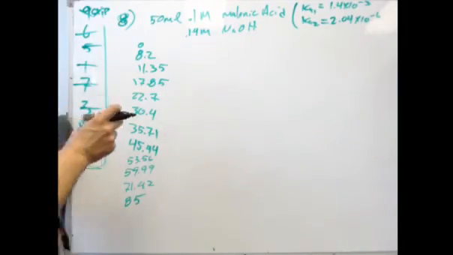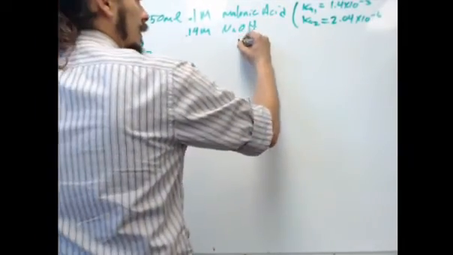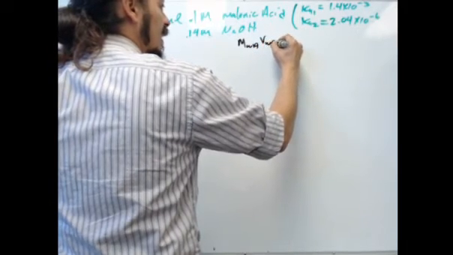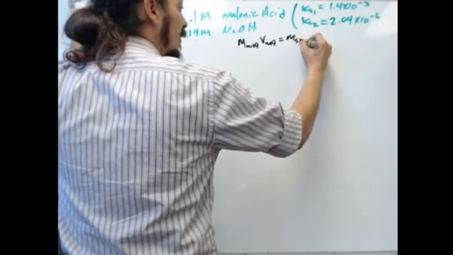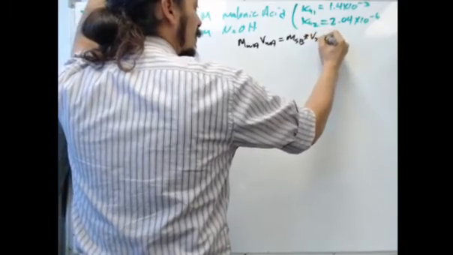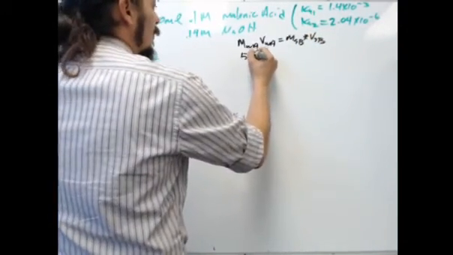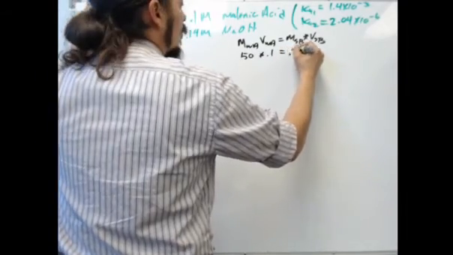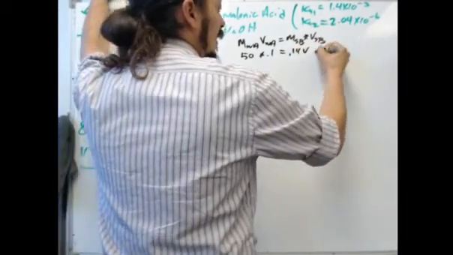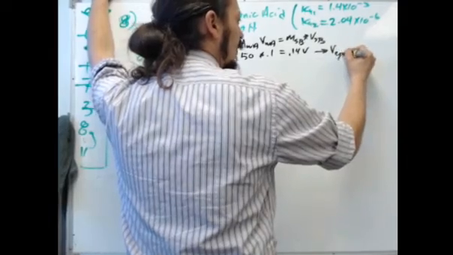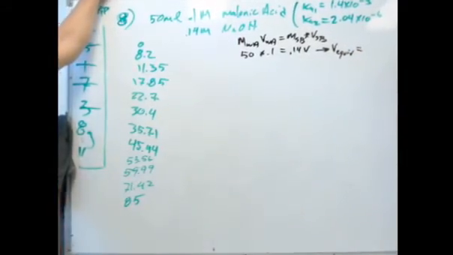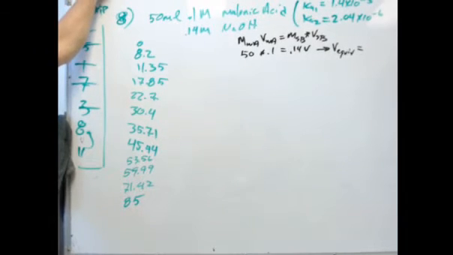Let's do some thinking first. Molarity of weak acid times volume of weak acid equals molarity of strong base times volume of strong base. We've got 50 times 0.1 is equal to 0.14 V. This gives me the volume to the equivalence point. Am I even close?